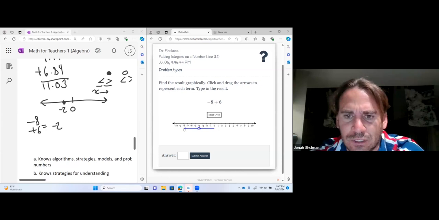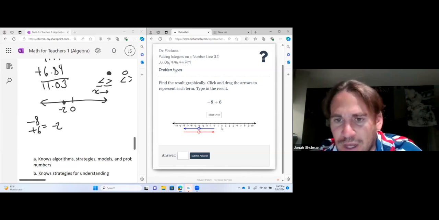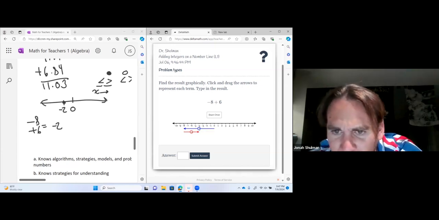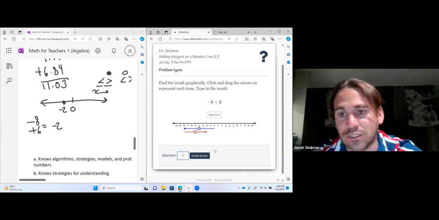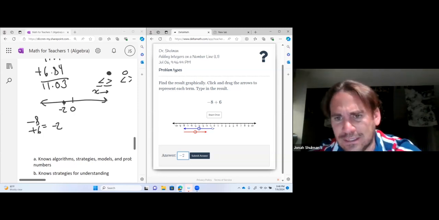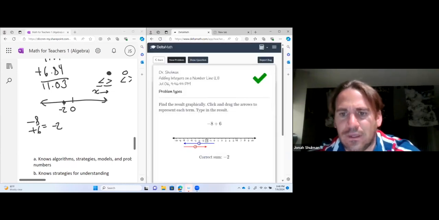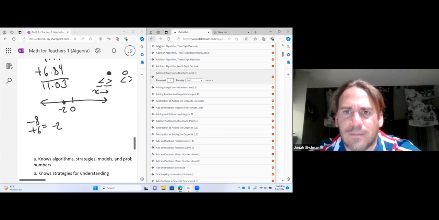Oh, this is an interesting way to do it. There's -8. And then we have to do +6. And where do we end up? -2. That's a really good way to show it. So we go left 8, right 6. We're ending up at -2. Nice. I like it. All right, let's try another one.